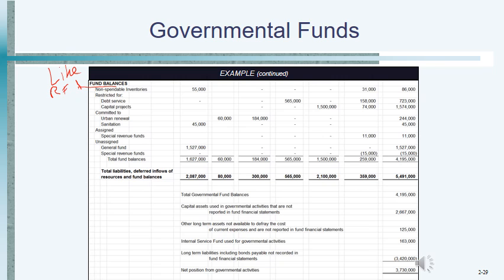Okay, fund balance is like retained earnings. Now notice we display our fund balance in order of how difficult they are to spend. So if you take a look, remember we saw inventory up there, our current asset inventory 55,000, and notice we show a non-spendable fund balance for inventory of 55,000.